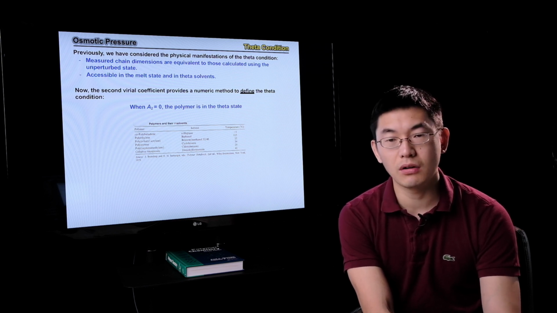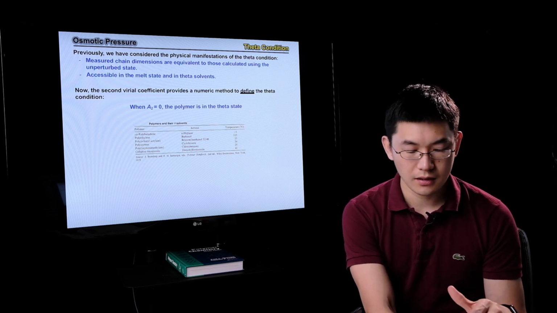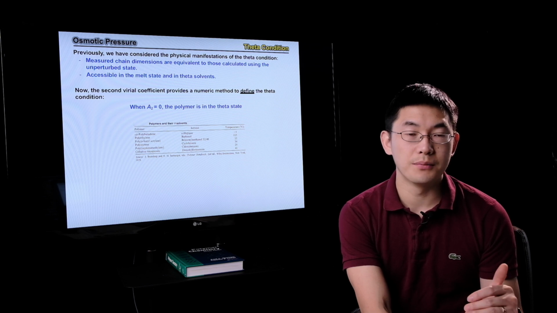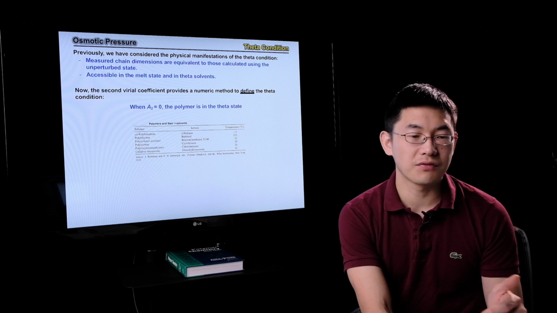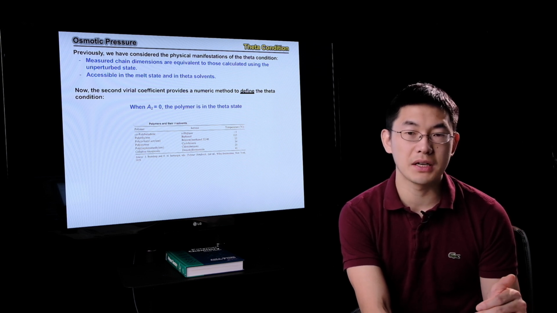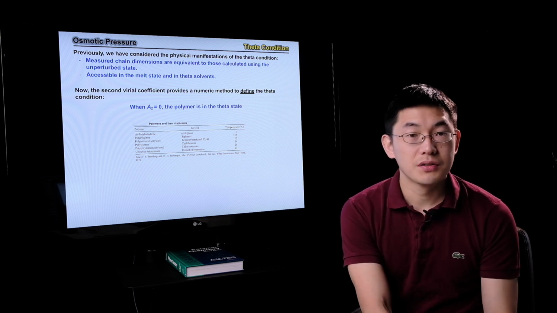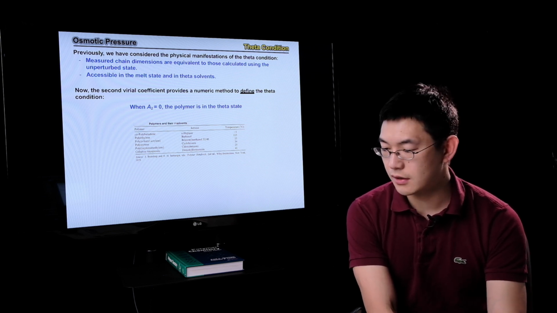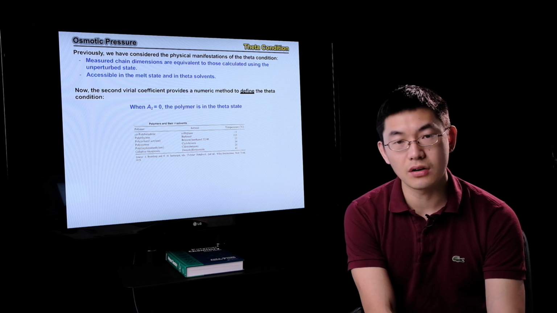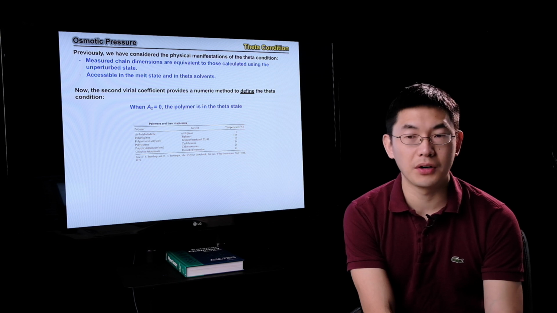If everybody recalls, the theta solvent basically says your polymer chain will adopt an ideal chain configuration. That means it follows an ideal Gaussian chain, and there's no expansion of your polymer chain. And now you have a way to know if your polymer is in the theta solvent or not. That is through the second virial coefficient and osmotic pressure measurement. It's a very special case where, as you can see, the osmotic pressure is not dependent on concentration.